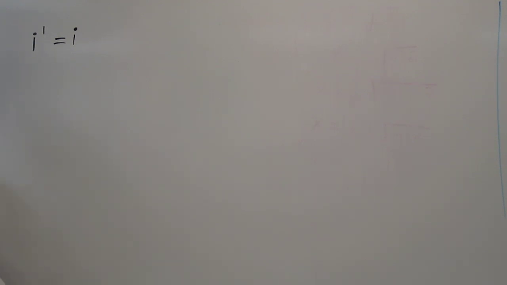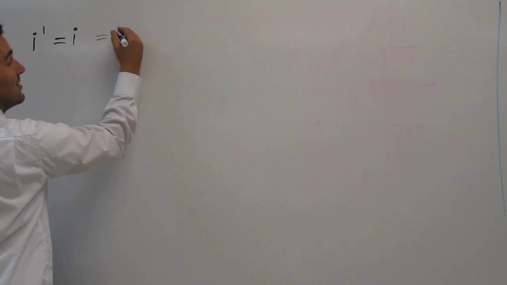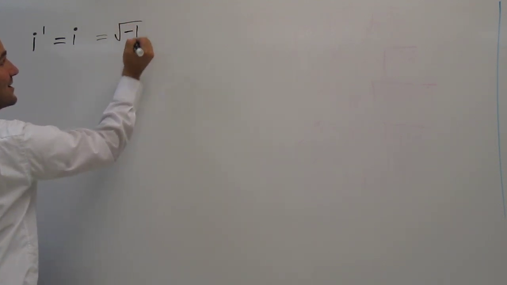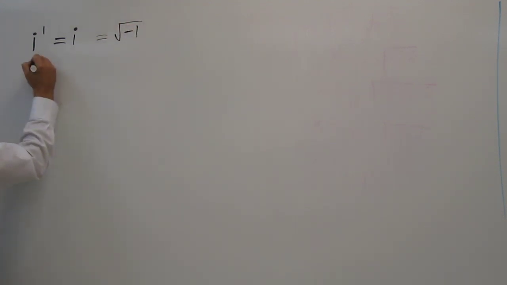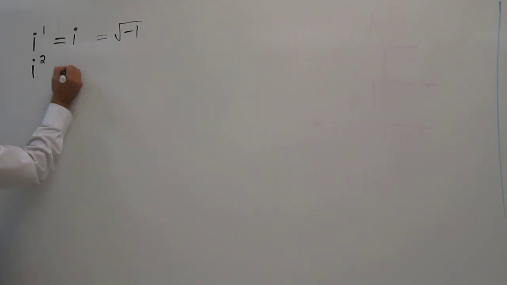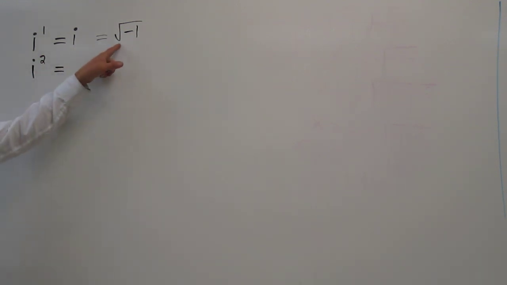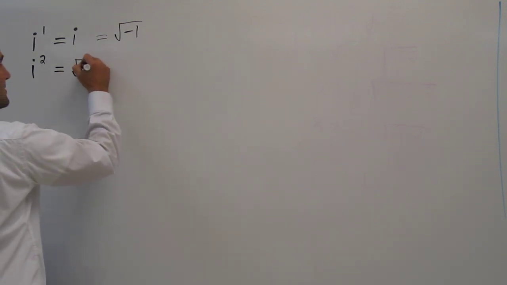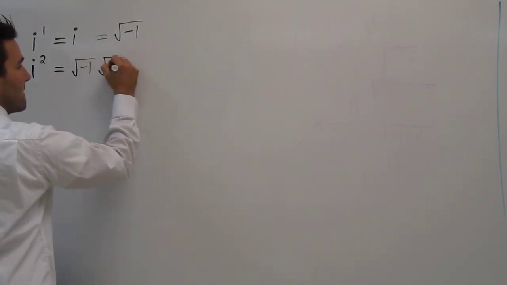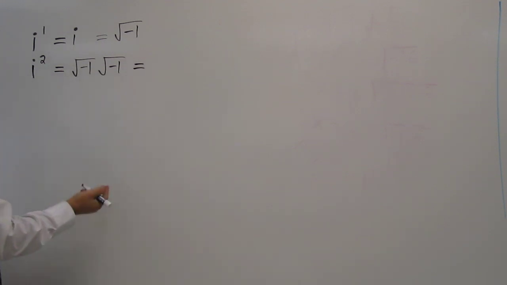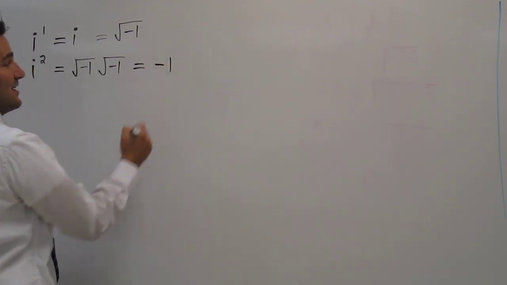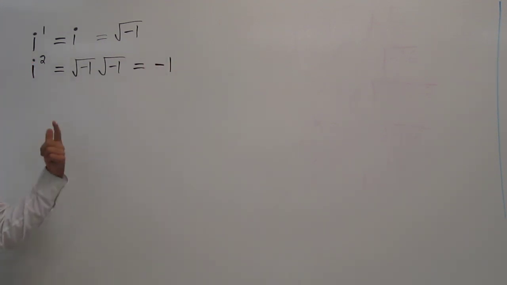Now remember, i is also the square root of negative 1. So we'll put equals square root of negative 1. What about i squared? Well, we can rewrite i squared as the square root of negative 1 times the square root of negative 1. And we get negative 1, because any square root times itself gives us the radicand, in this case, negative 1.